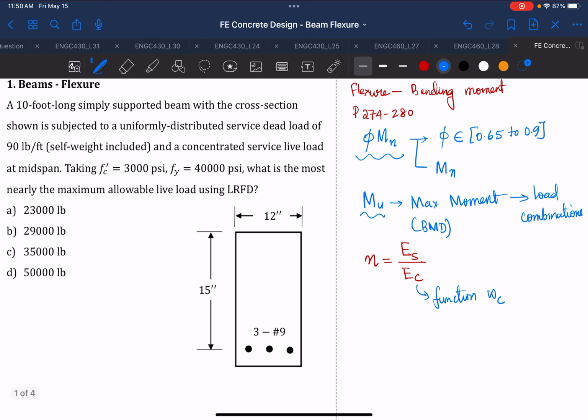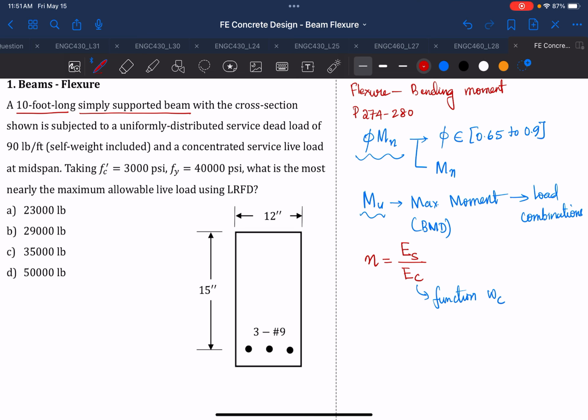Okay, so let's look at our question here. The first question says it is a 10 feet long, so the span length is given to you, and it is a simply supported beam. When you read the question, try to read all the information given to you. Based on that, you will be able to think and analyze what they are asking for.